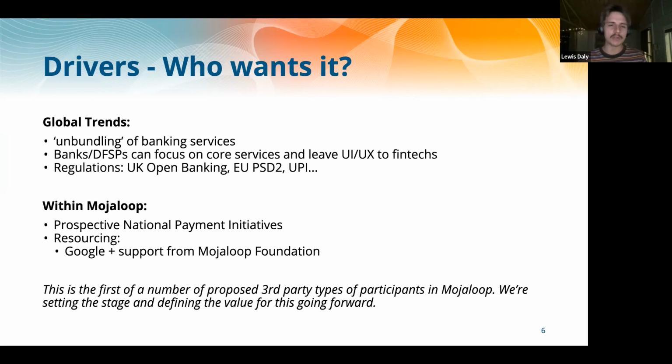There's also a whole bunch of regulations that have come into place, from UK open banking, the EU as we mentioned, UPI, and plenty of others, where regulators are seeing this is a service where there should be more of a level playing field when it comes to payment initiation. And there's a lot of great value that fintechs can provide when they're really close and really focused on user experience.